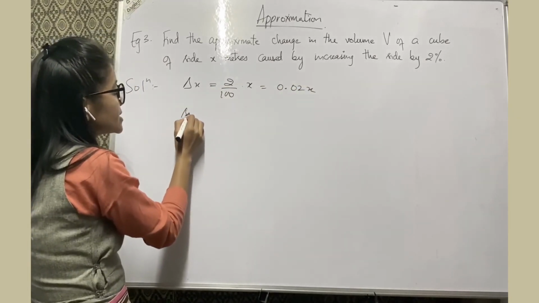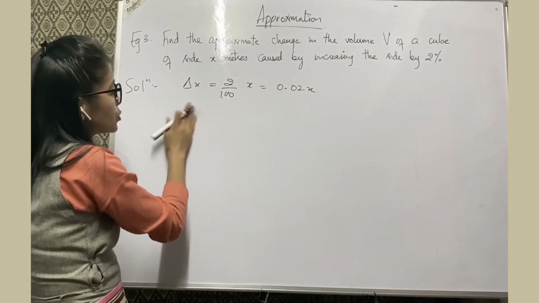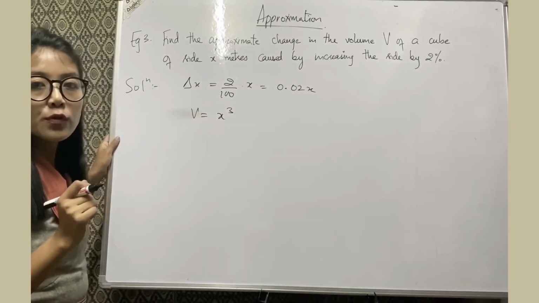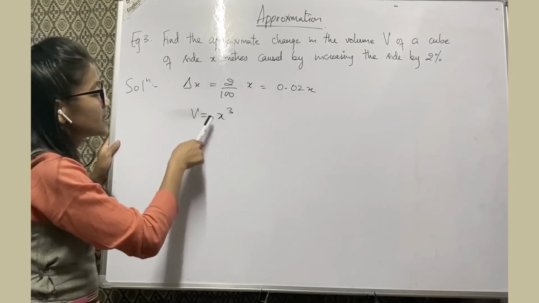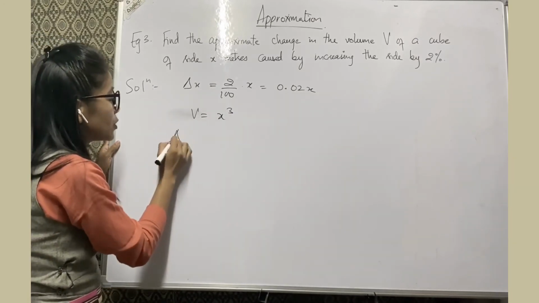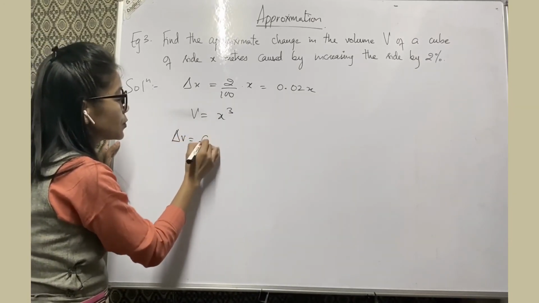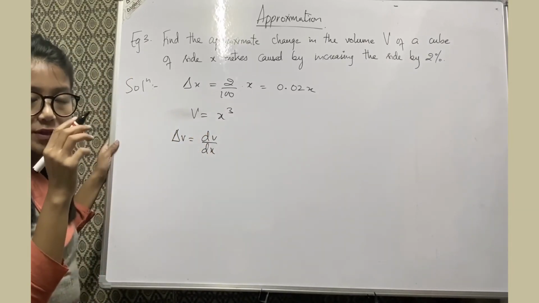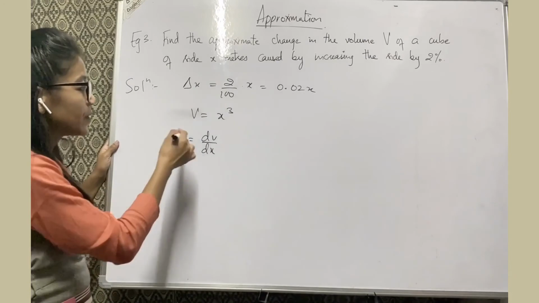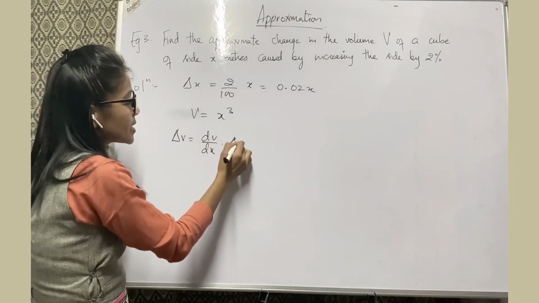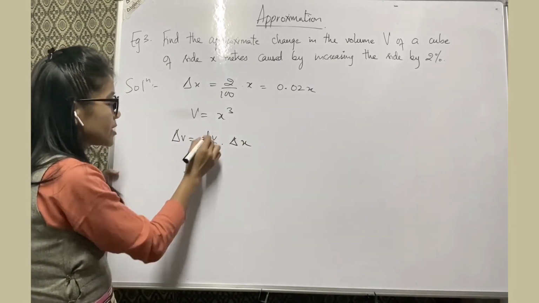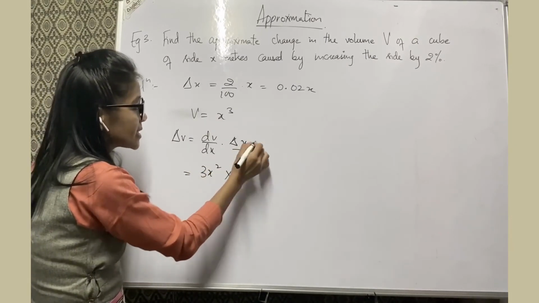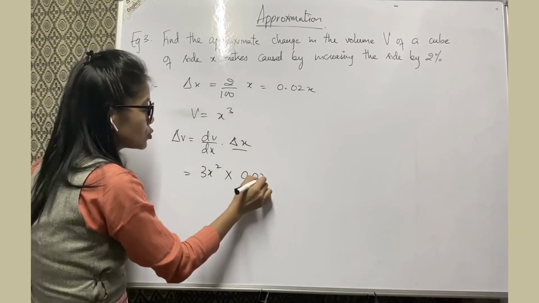Now we know that delta V, and you have this relation, V is equal to x cube. Volume of a cube is x cube, and we know that delta V is equal to dV by dx, f dash x, into delta x. So dV by dx is 3x square into delta x, that is 0.02 x.